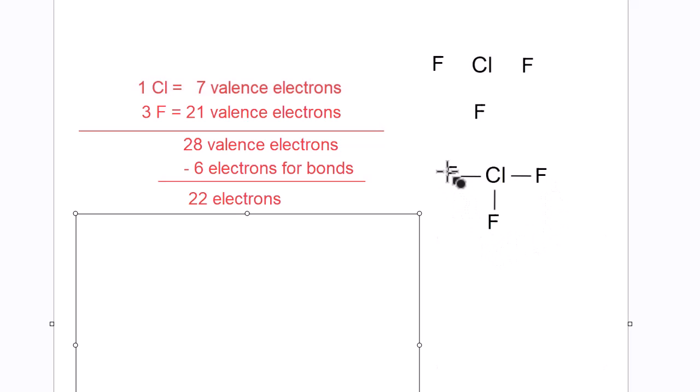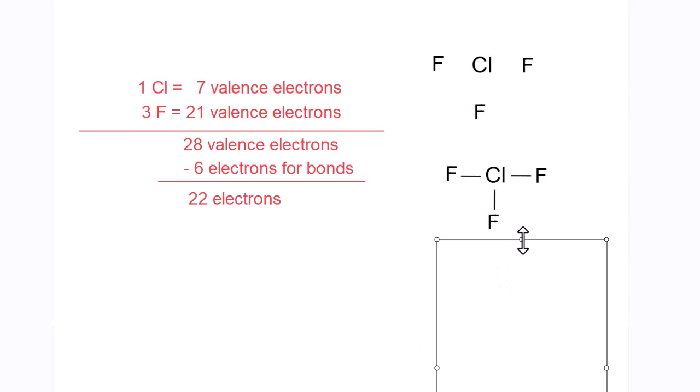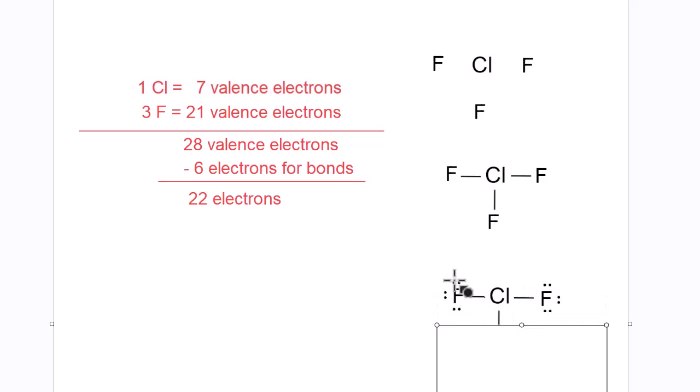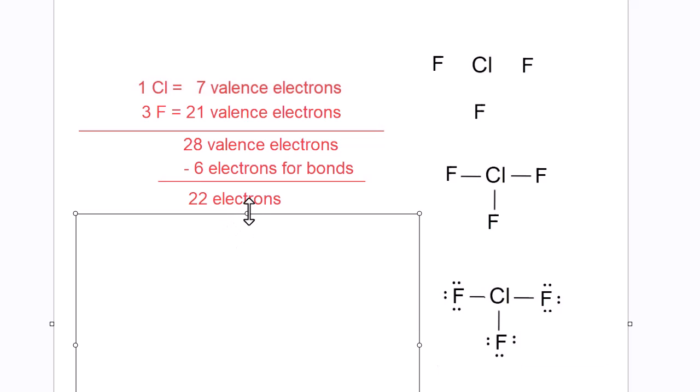And our rule is that we give these electrons first to the surrounding atoms to complete their octets. So if we do that, we're going to put electrons around one of the fluorines right here. 2, 4, 6, another 2, 4, 6. Now let's not forget this third fluorine, 2, 4, 6. Of course, if you've been keeping a tally, 3 times 6 is 18.